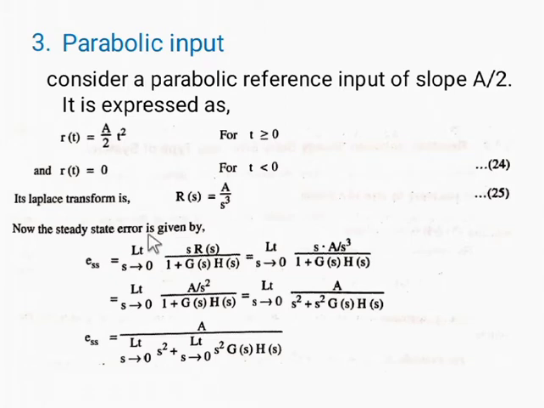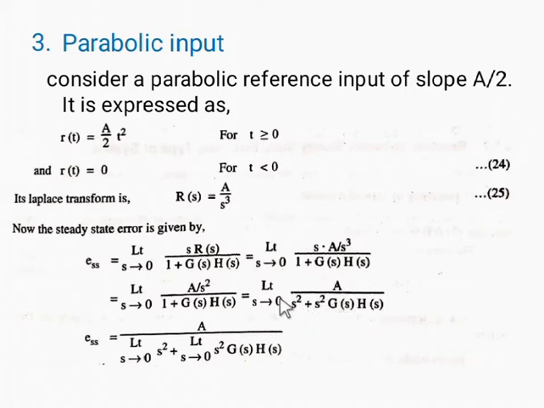So the steady state error is E(s) equal to R(s) divided by 1 plus G(s)H(s). If we put the value of R(s) equal to A by s cube, this s and this 1 s will be cancelled out, so it remains only A by s square divided by 1 plus G(s)H(s). If we multiply this s square with the denominator, it becomes A by s square plus s square G(s)H(s).